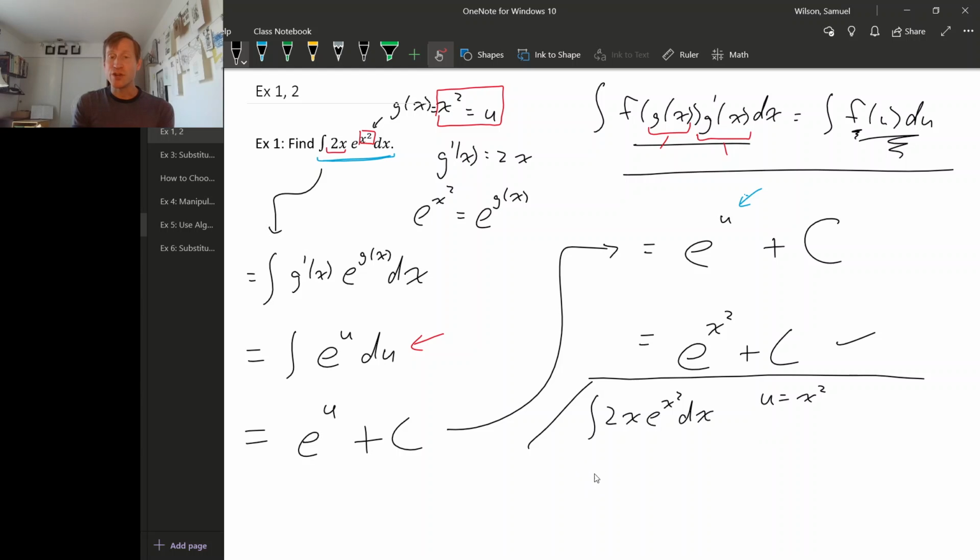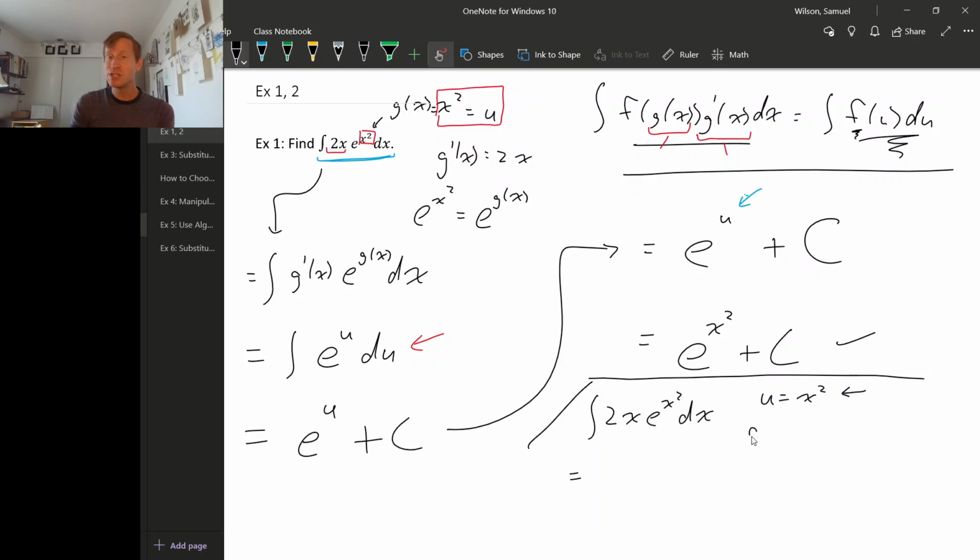I'm going to convert everything in this integral into u's, and so I need to know, in particular, I need to convert dx into du. So I need to know for this equation, this substitution equation, u equals x squared, what the corresponding equation is for differentials. So there's some corresponding equation that relates du to dx.